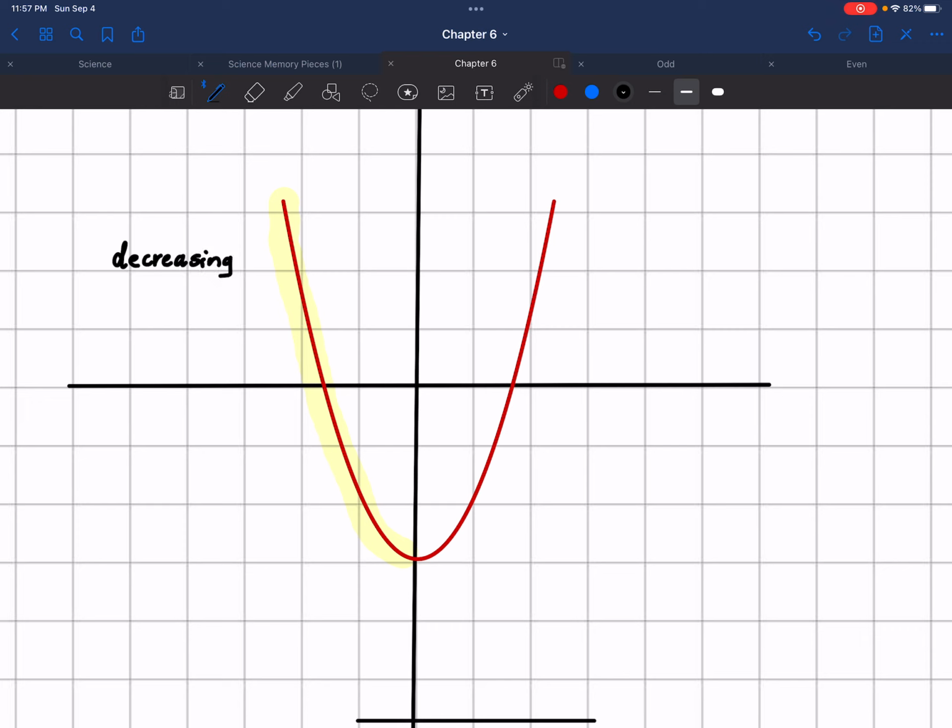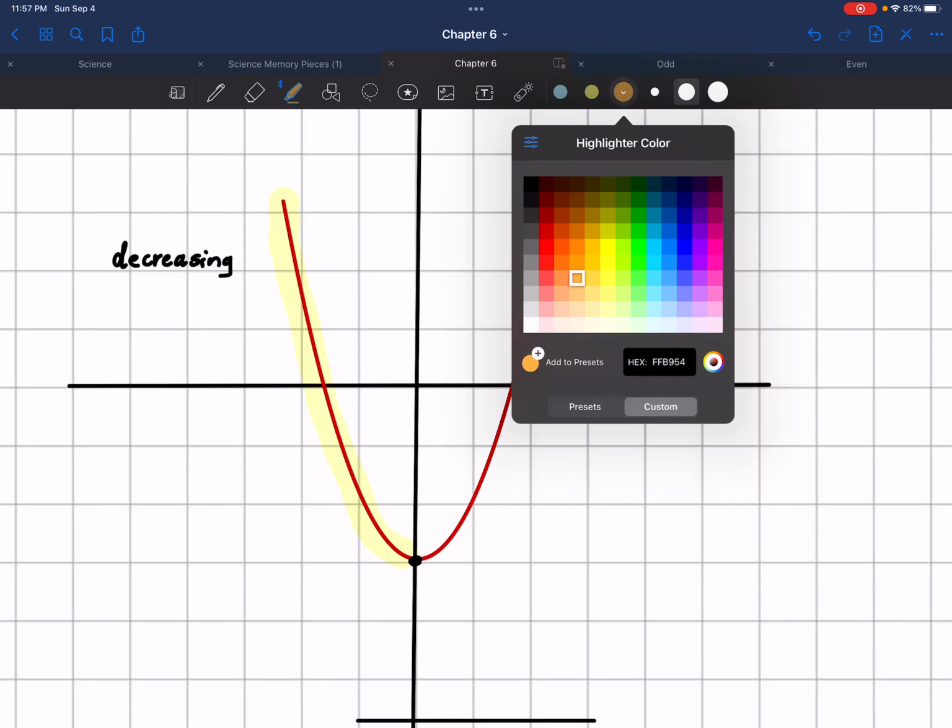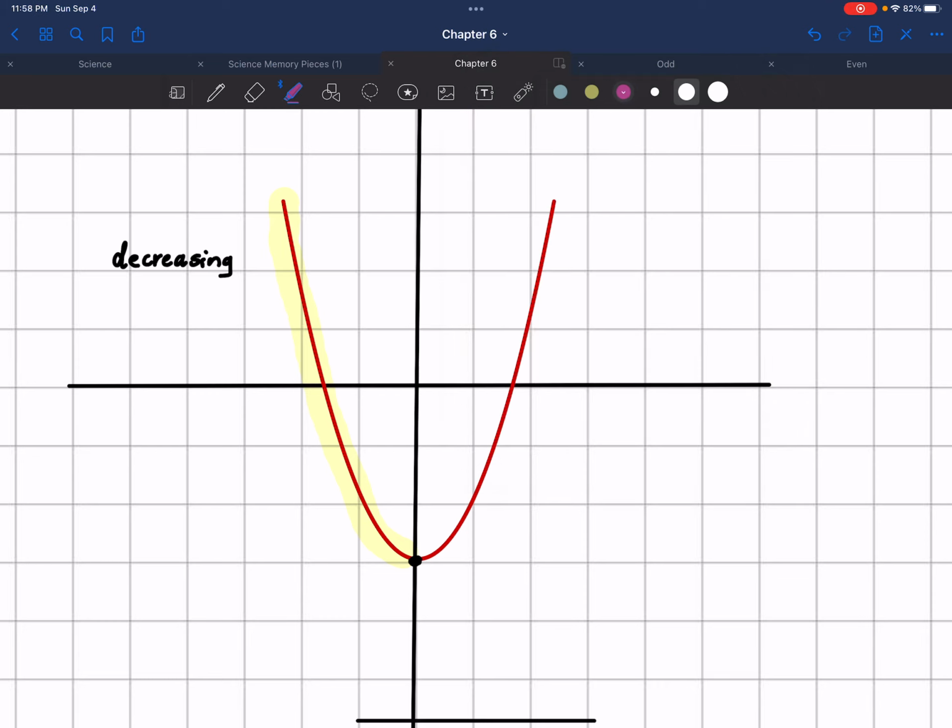And then once it hits this y-intercept, what happens to the graph? What does it do? And I'll draw it for you. Let me change colors so I don't get all this mixed up together. We've used orange and blue. Let's use yellow and pink. So when I touch that y-intercept, look what happens. The graph starts to increase. It starts to climb. Okay, so this is the increasing.